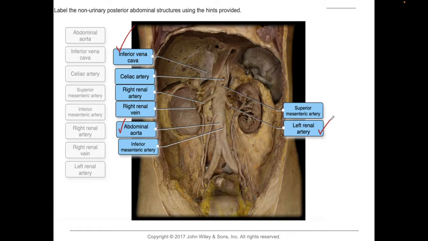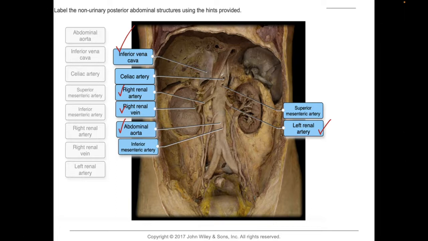Here's the left renal artery, the right renal artery, the right renal vein.